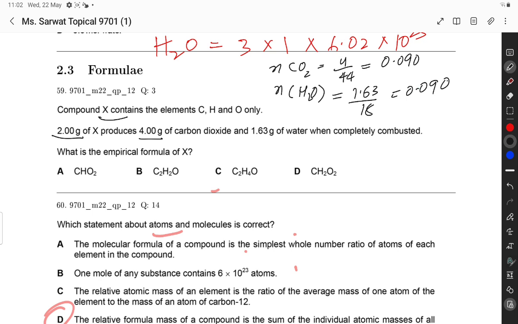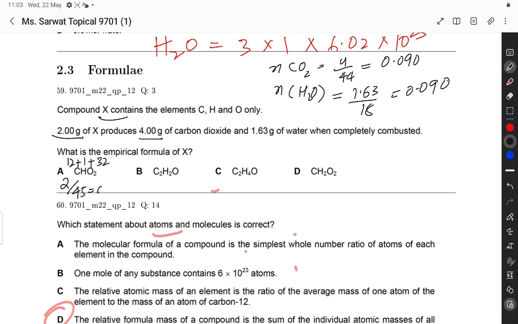So let's calculate CH2. We know that 2 gram of X. CH2O is 2 divided by Mr: carbon 12, hydrogen 1, oxygen 32, this is 45.